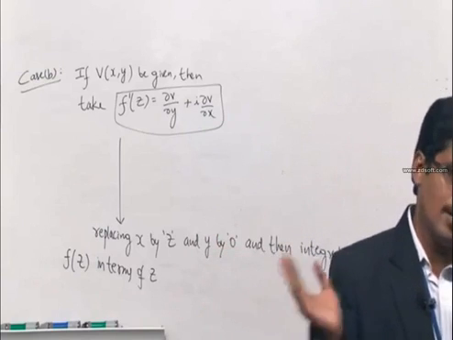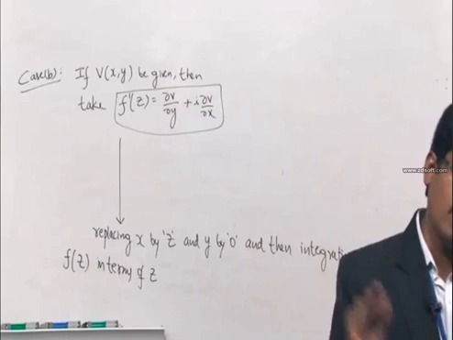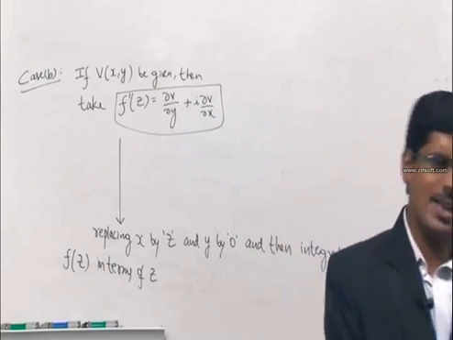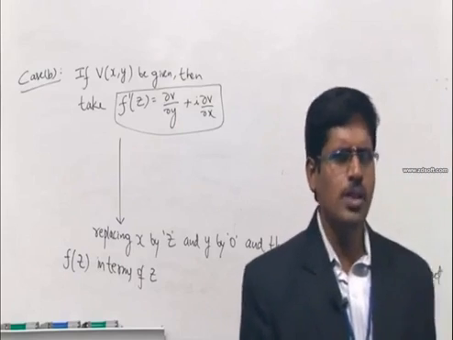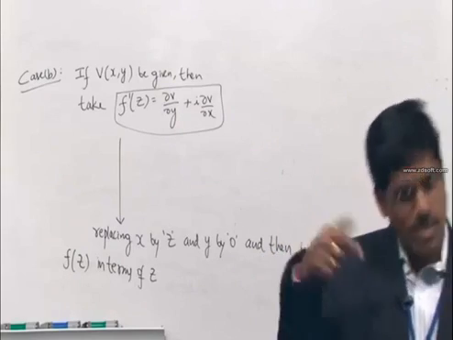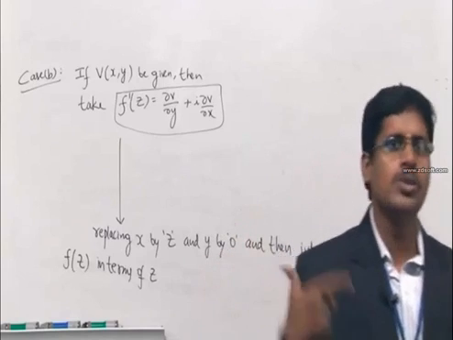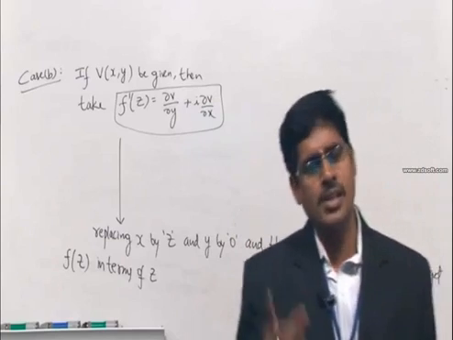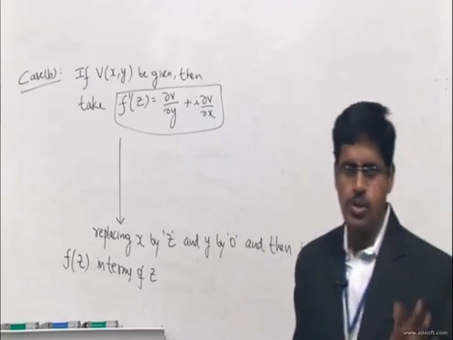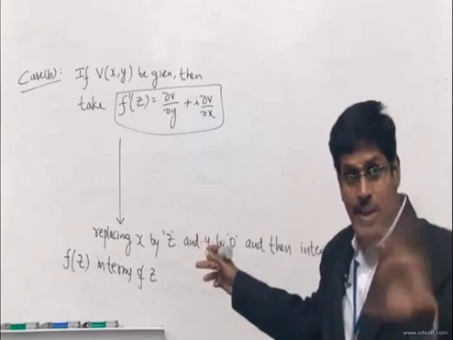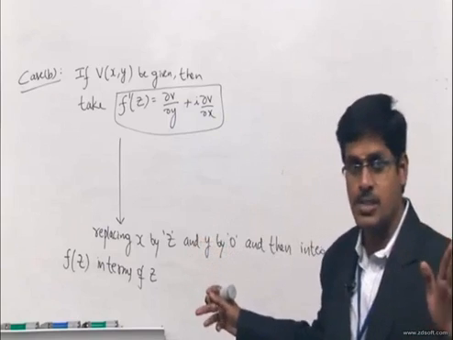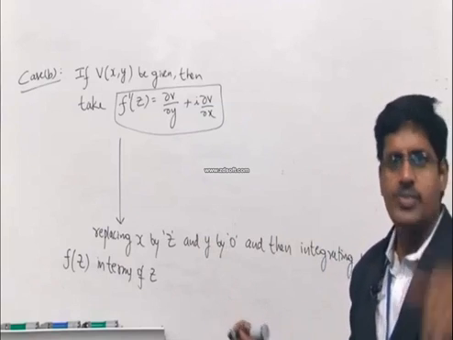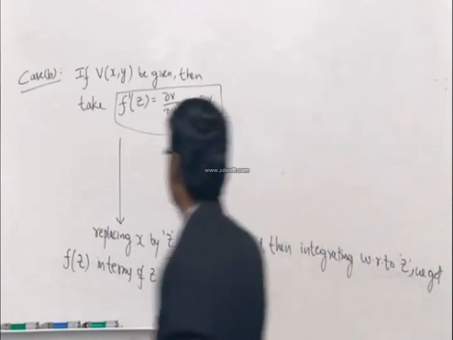Then write z is equal to x plus iy, simplify, and separate real and imaginary parts. The real part is u. If your u, that is the given x square, coincides with the real part after separating, then only your f of z is correct, otherwise it is wrong. From the given u and from this f of z, after separating into x and y terms, if the obtained u coincides with the given u, then only your f of z is correct, otherwise it is your mistake.